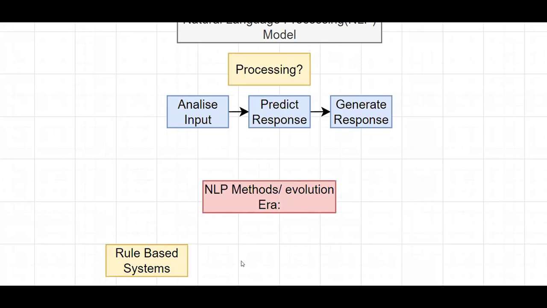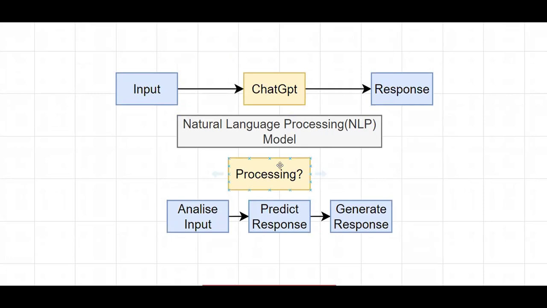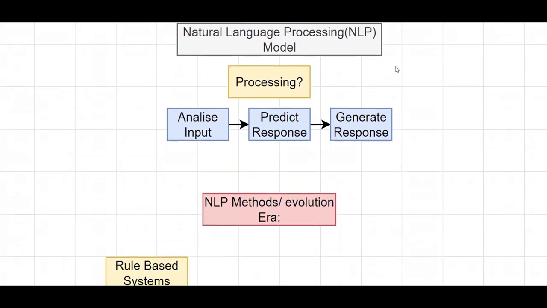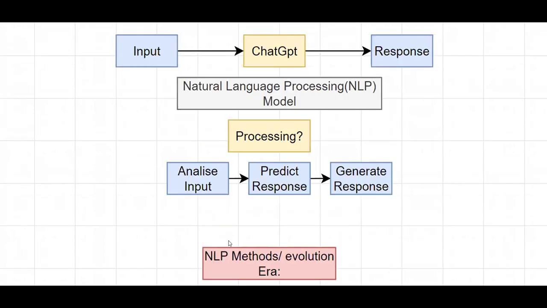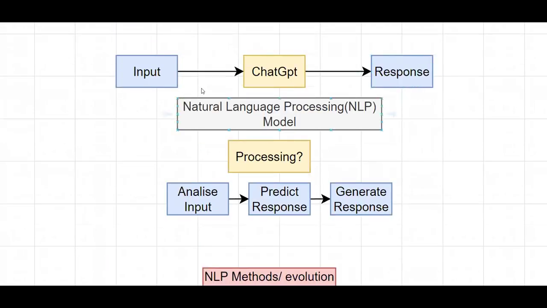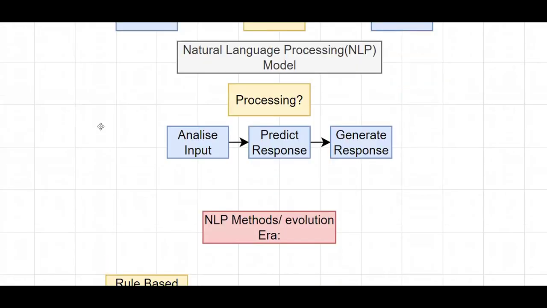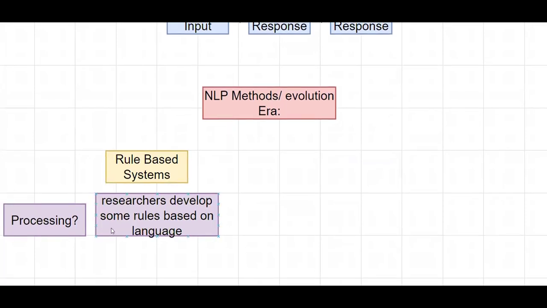So now let's have a question. How do these rule-based systems actually process the given input and provide me the response? During that time, some researchers developed some rules in order to provide the response based on the given input.